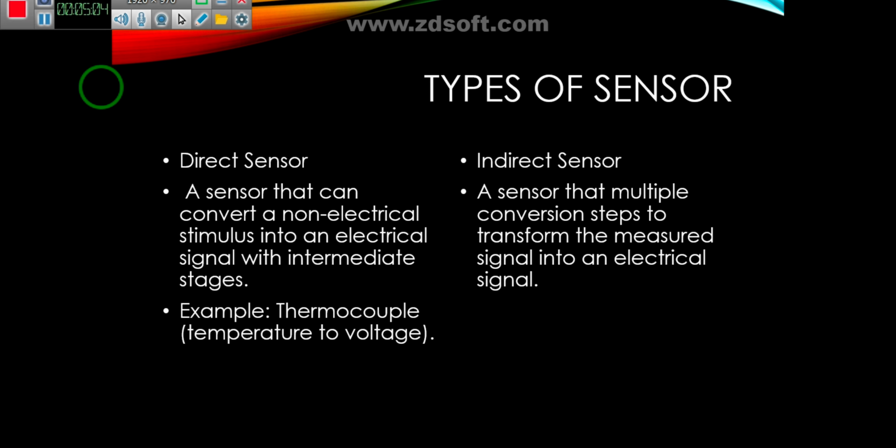For example, a thermocouple, which converts temperature to voltage. Then we go to the indirect sensor. An indirect sensor is a sensor that uses multiple conversion steps to transform the measured signal into an electrical signal.